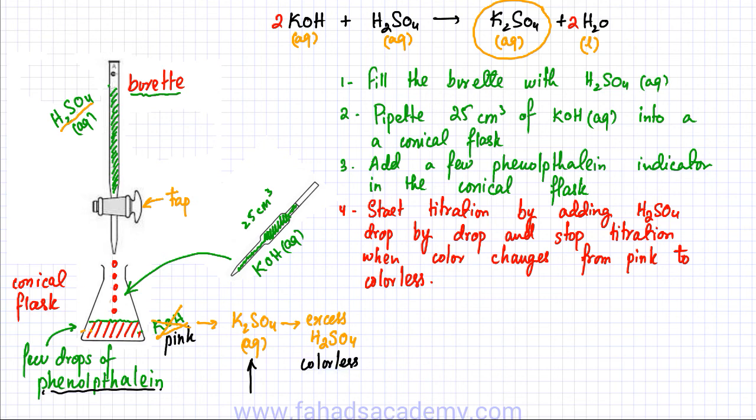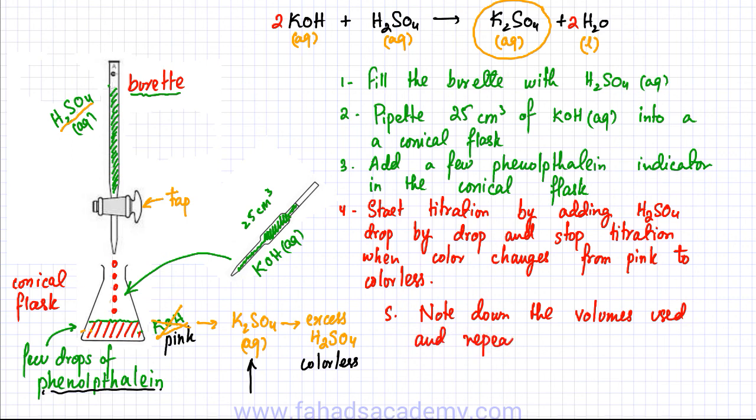You repeat the experiment 3 or 4 times until you get an average reading, and you note down the volumes. So the next step is to note down the volumes used and repeat without indicator, because the indicator is contaminating the solution.